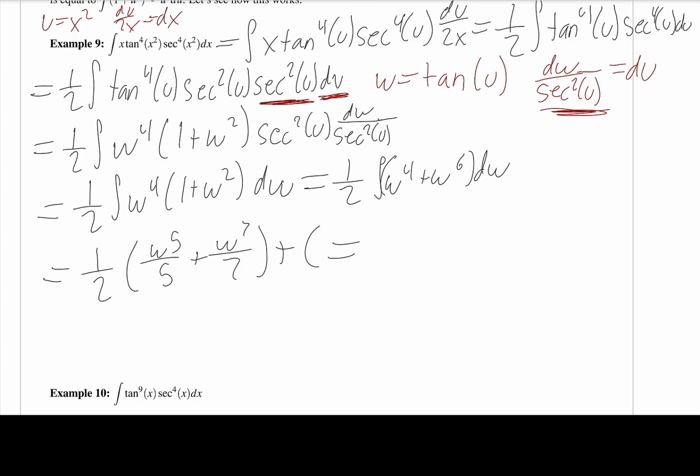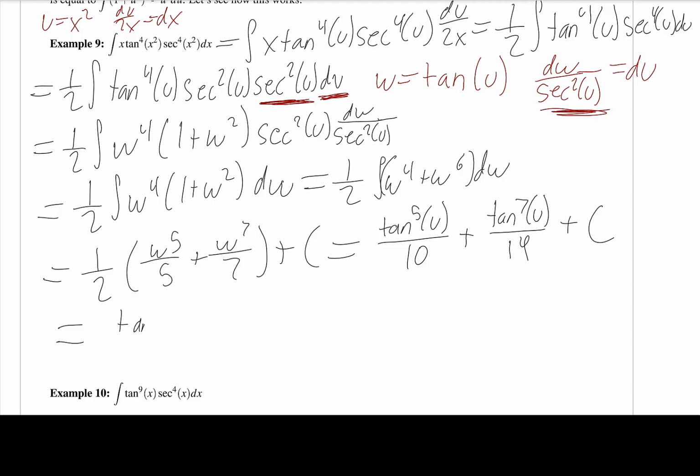So this is going to be tangent to the fifth of u over 10, because of the 2 times 5, plus tangent to the seventh of u over 7 times 2, which is 14, plus C. Okay, so then now we have to plug in for u. u is equal to x squared.